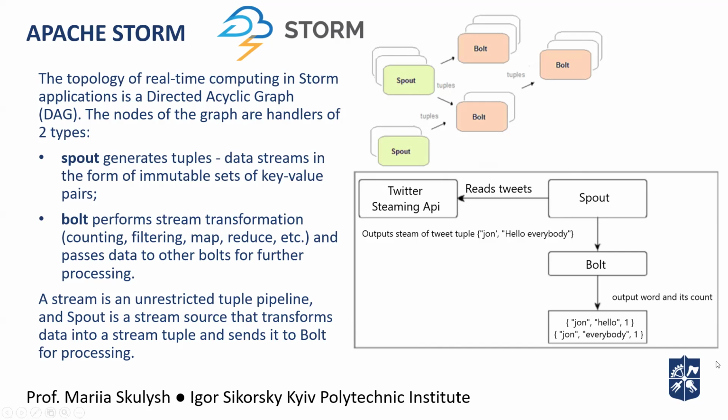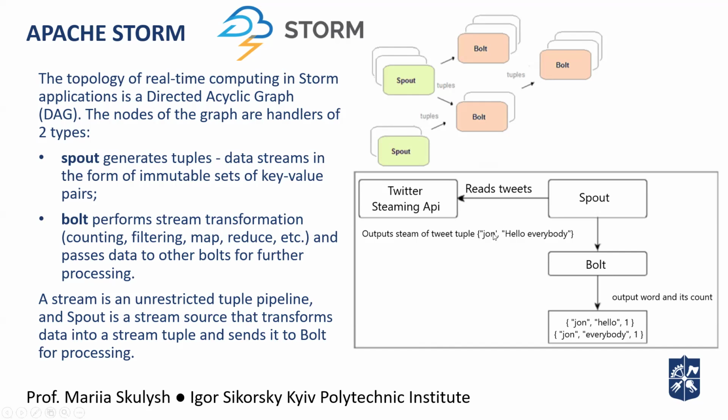And the next one is the bolt. The bolt is used for parsing also. So, for example, the spout takes information from a streaming API, the Twitter streaming API, catches information from the streaming API, and then sends it to the bolt.